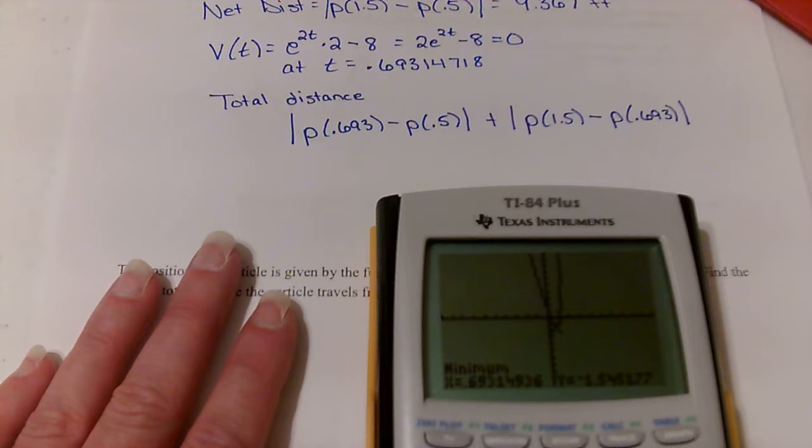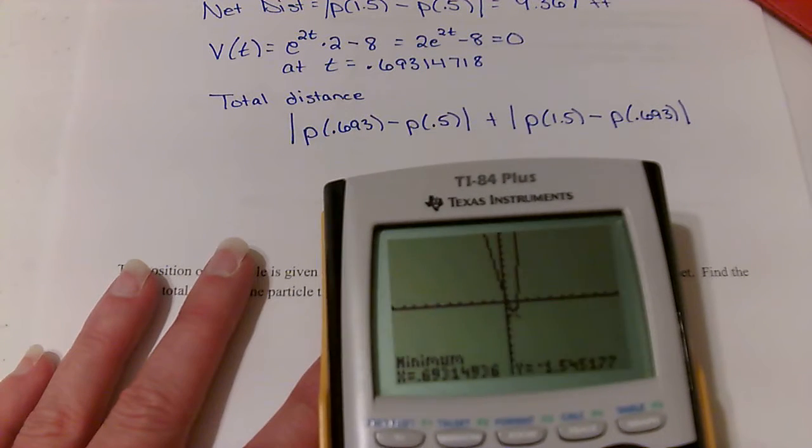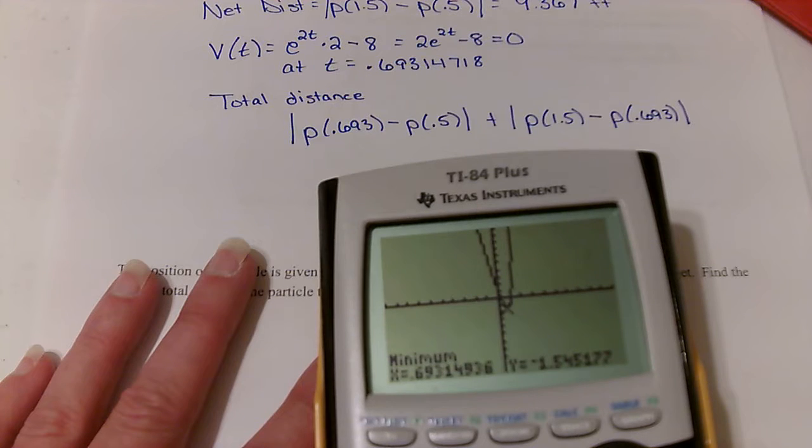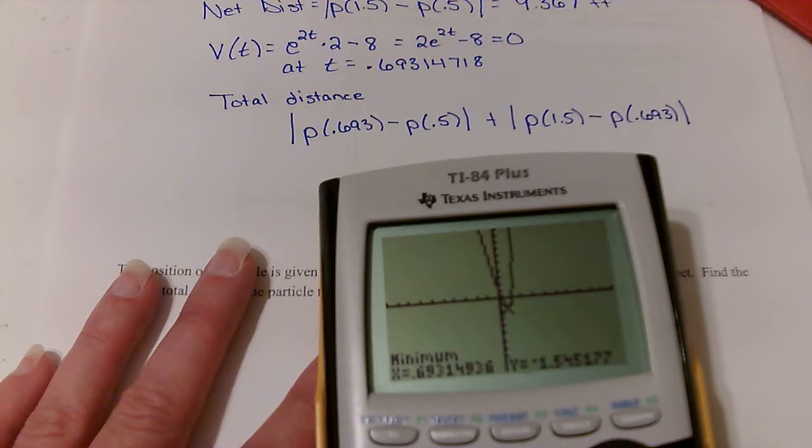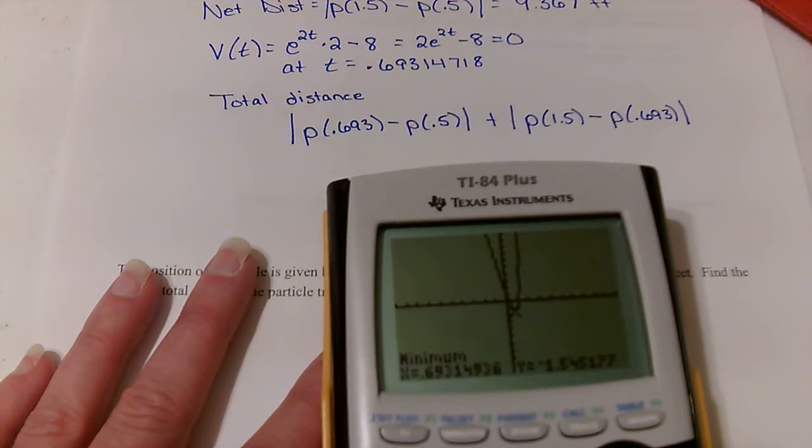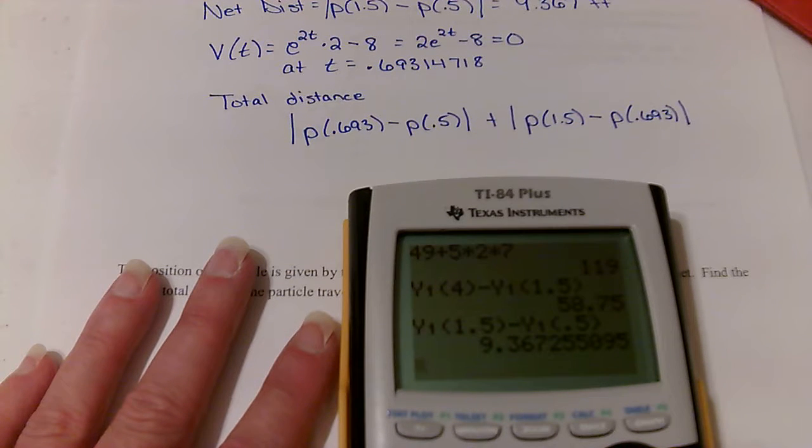And I'm going to show you something kind of nifty. Since my graph is sitting on that point right now, that X value is saved in the calculator. If I press X right now, it gives me 0.693. Actually, it moved a little bit. 0.693 is a little bit off.